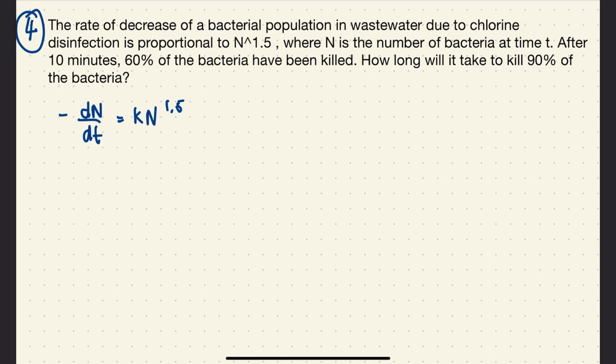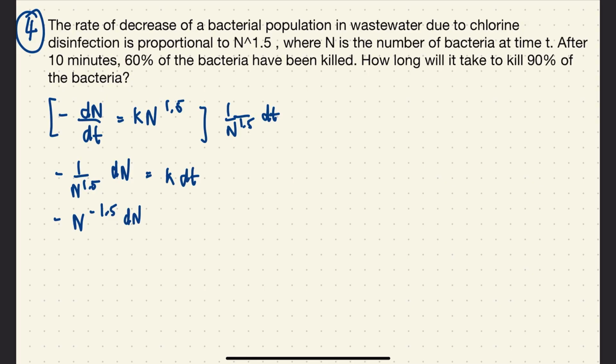Okay. So when we multiply both sides by 1 over N raised to 1.5, then dt, this becomes negative 1 over N raised to 1.5 dN is equal to k dt. Rewriting N here, this becomes N raised to negative 1.5 dN is equal to k dt.